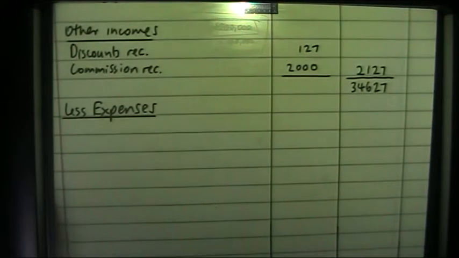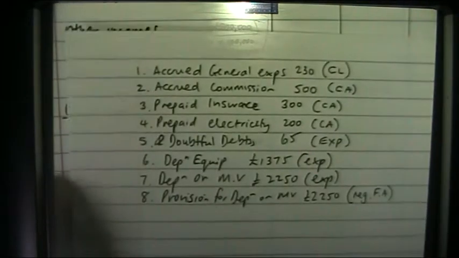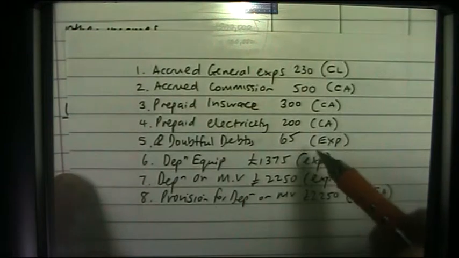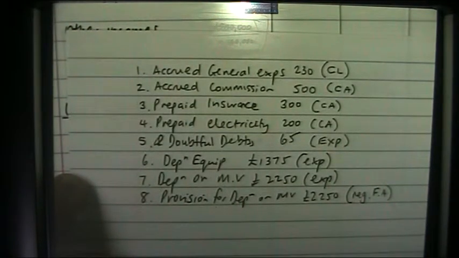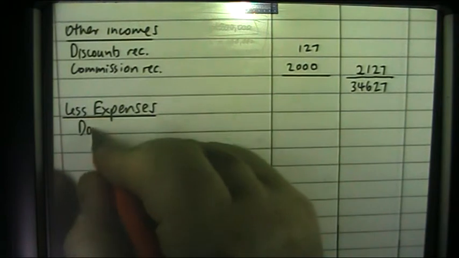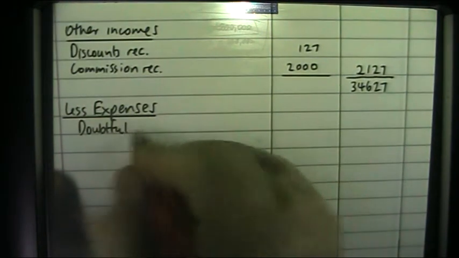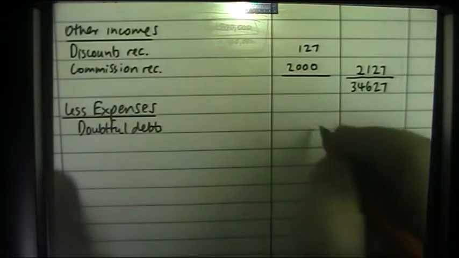So there we go, and my expenses are, let's run down the list. The first thing I do is I go to my little list of adjustments that we've done. I scroll down here looking for my expenses, and the first one I'd like to put in is my doubtful debts. Everything with the word expense here has to go in, so let's put those in first. Doubtful debts, and it's for 65.